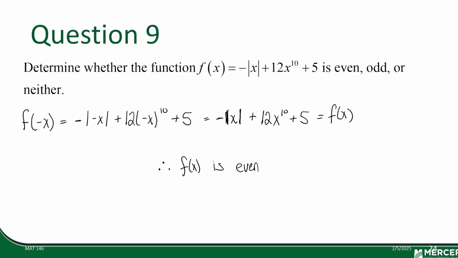Is 5 odd? Talking about functions, 5 is even in terms of function because it's a constant. So you have the sum of 3 even functions, which is even. So the result has to be even. Right. That's more of a logical look at it.